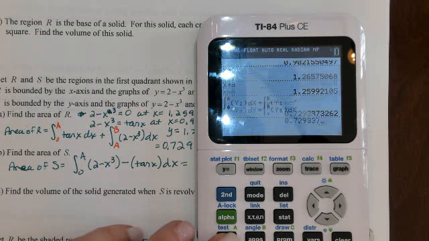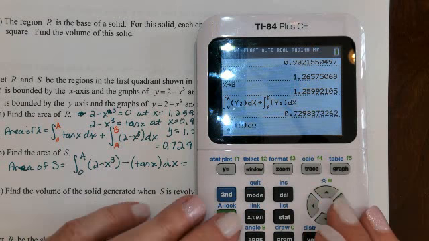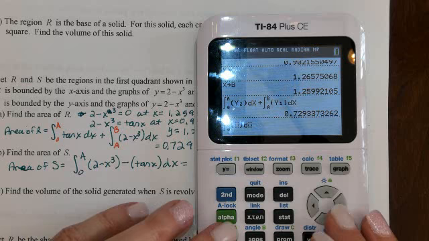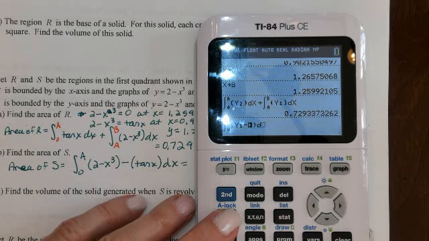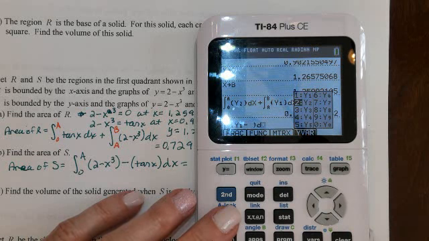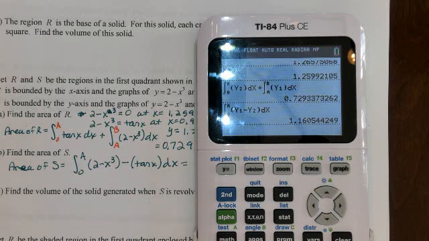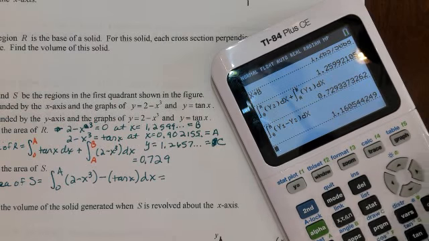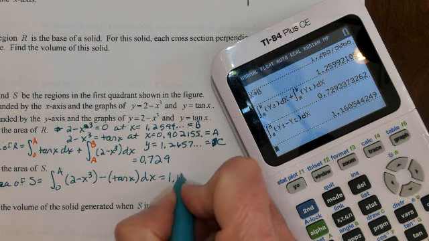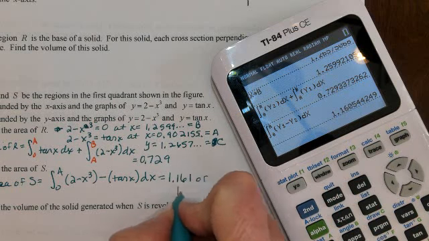So math 9, 0 to a, y1 minus y2 dx. And I get 1.161 or 0. So remember, AP allows us to either round or truncate.